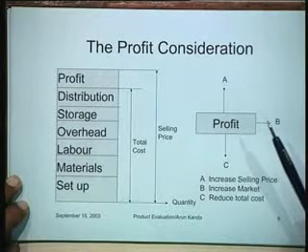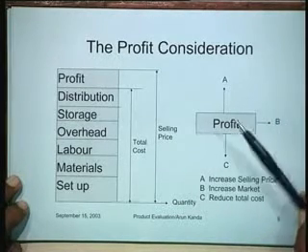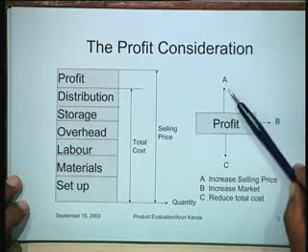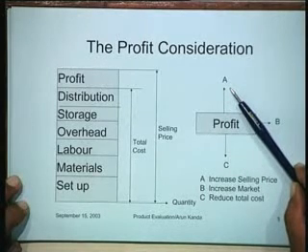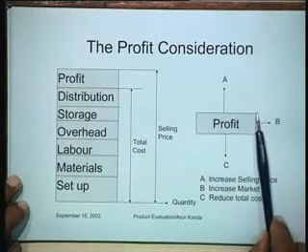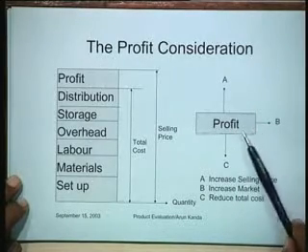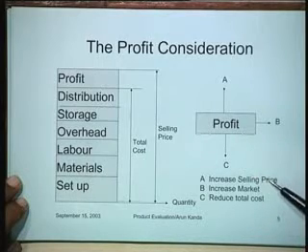So if people are forced to buy your products, then you can keep on increasing the selling price as much as you want, and there is no competition, and therefore this kind of movement of the sideline to the left would not take place. But in general, this would not be a good strategy.